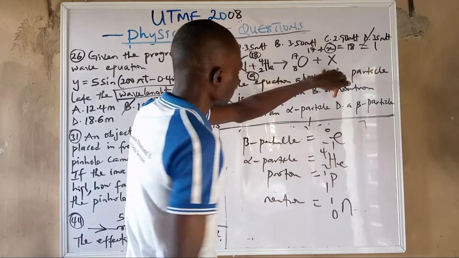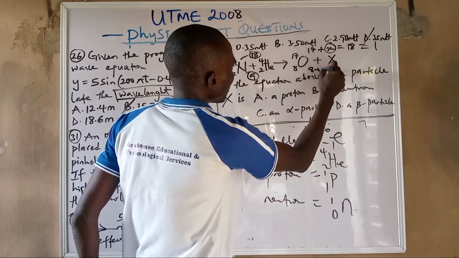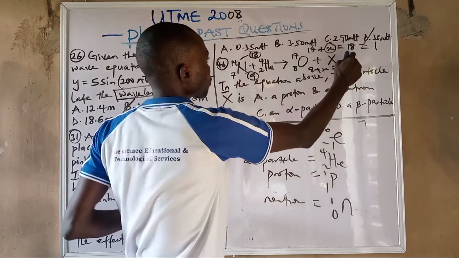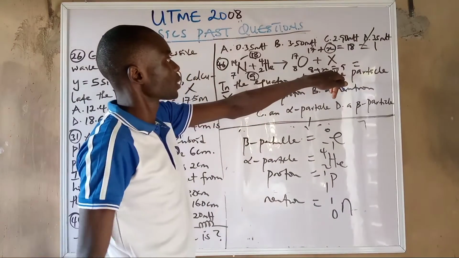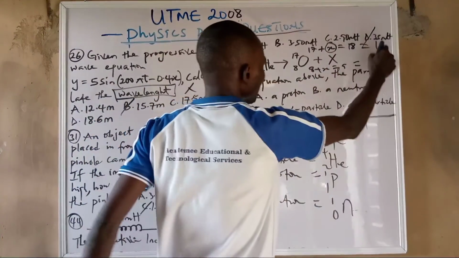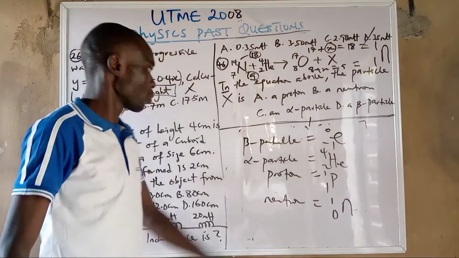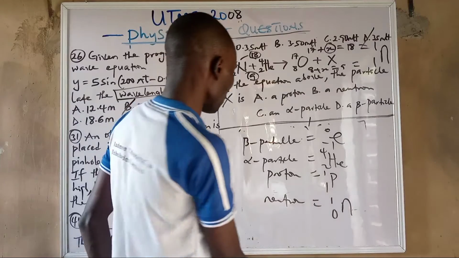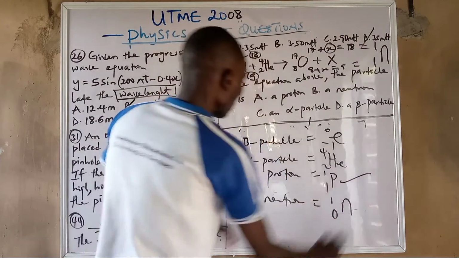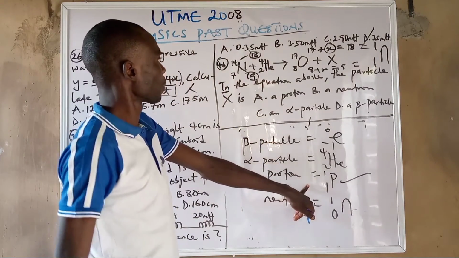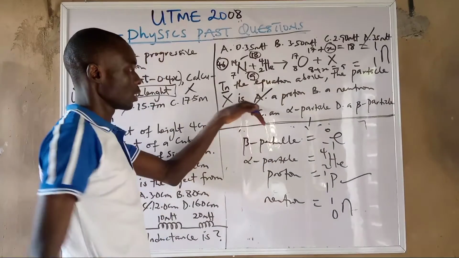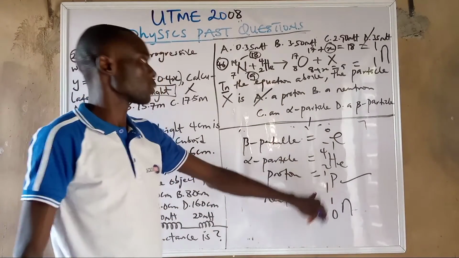Then 8 plus x should also give us 9 to balance it, so x is 9 minus 8, which is 1 as well. So when you check, this is a proton 1. So the answer is A, proton 1.